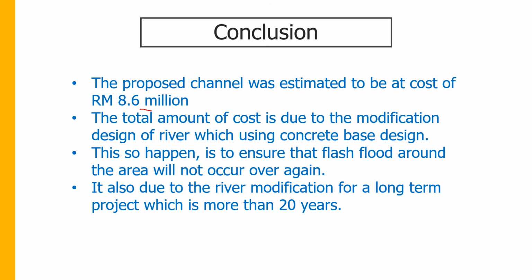This will take more cost, and this is to ensure the flash flood around the area will not occur again, and I estimated it will last more than 50 years. And finally, it is also due to river modification being a long-term project, which is more than 20 years.